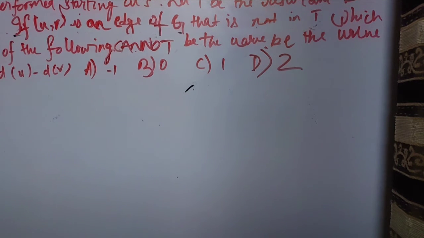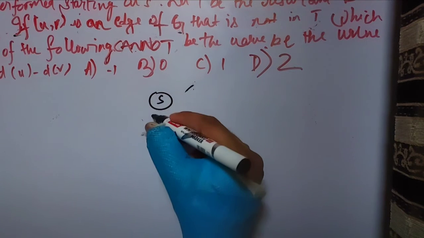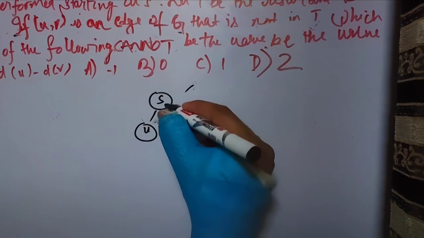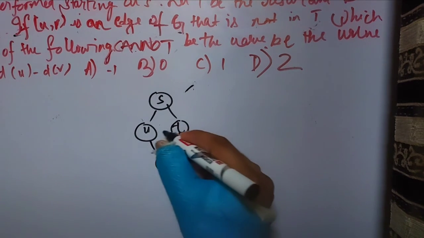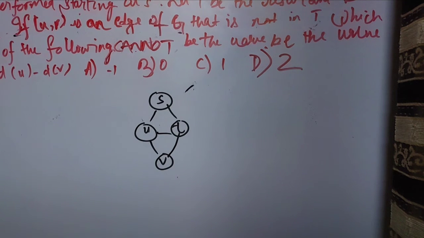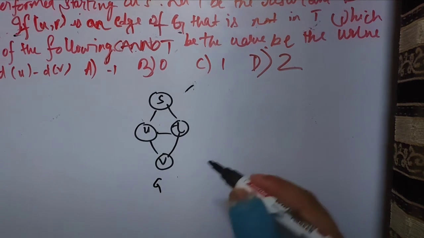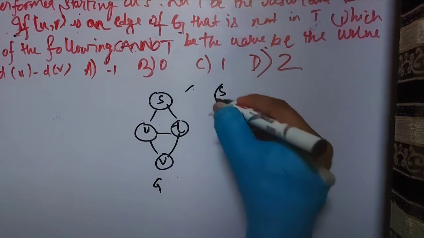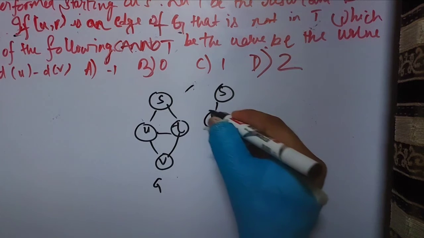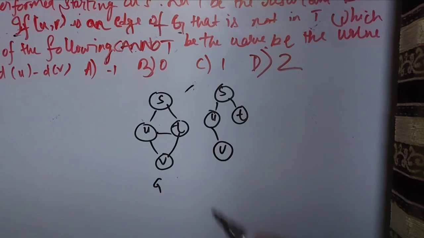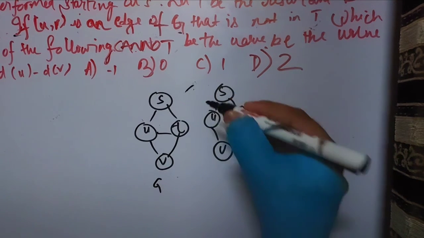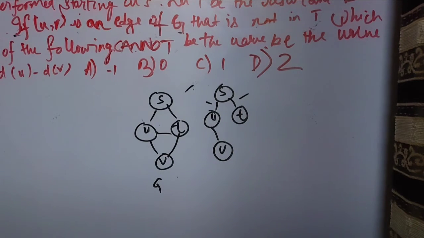Let's try out the second example. So here it is our graph G, and by performing the BFS we get the tree T as shown. It's your choice whether you take an edge from U to V or from T to V. Edge units are 1, as I discussed in the previous example.